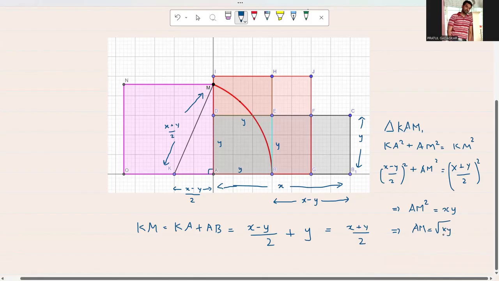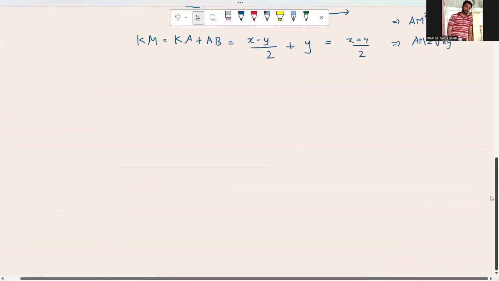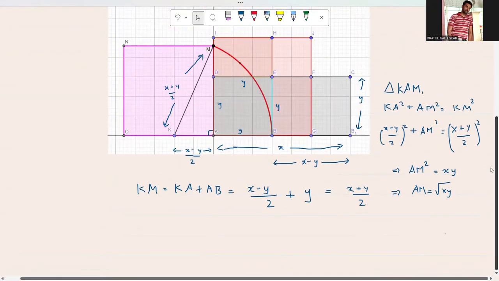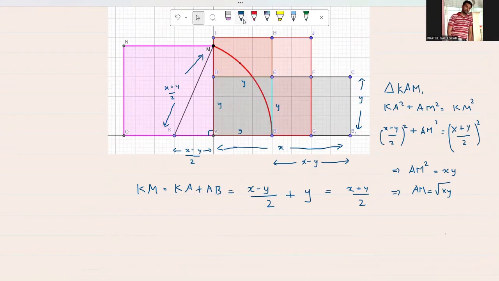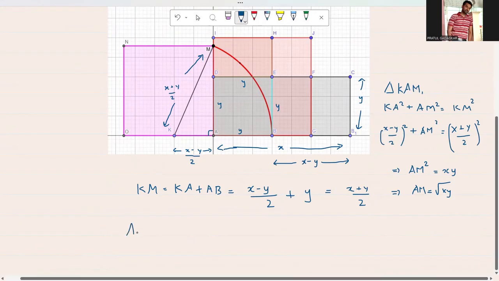Correct? So this means that the side of the square is AM. Let me write it here below. So area of square is side square, but the side of the square is AM. So it is AM square.